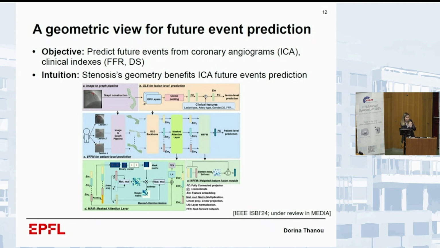We can then move from a lesion-level design to a patient-level design, in which you combine these different lesions with an attention mechanism that adapts to different numbers of lesions per patient, and be able to model the risk of a patient developing a heart attack in the next couple of months.